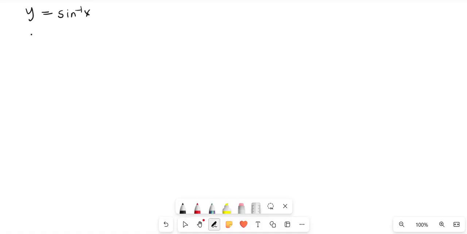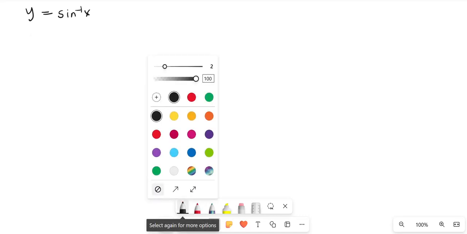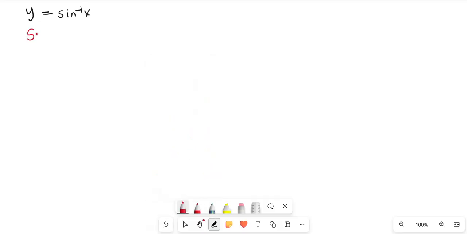First, we multiply both sides by sine. On the left hand side, multiply by sine of y, and on the right hand side, multiply by sine of the sine inverse of x.